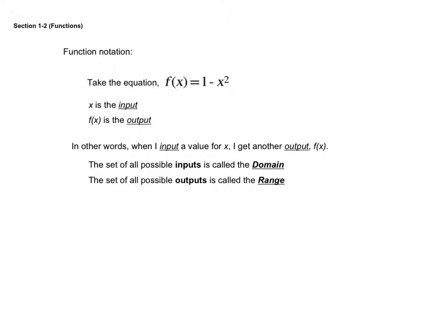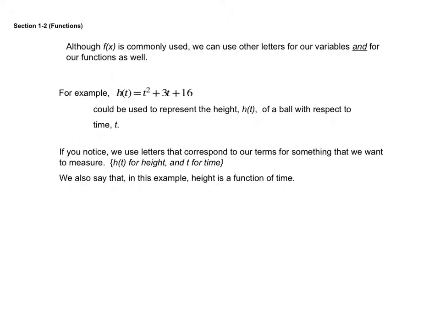So in other words, when I input a value for x, I get another output, f of x. And once again, the set of all possible inputs is called the domain. And again, the set of all possible outputs is called the range. Why do I use the adjective possible in things?